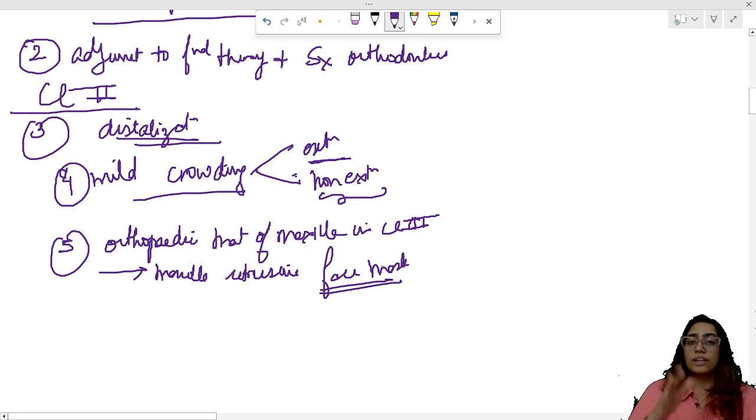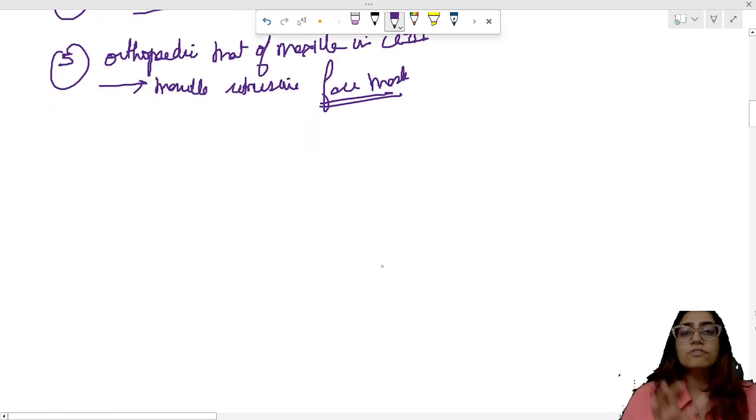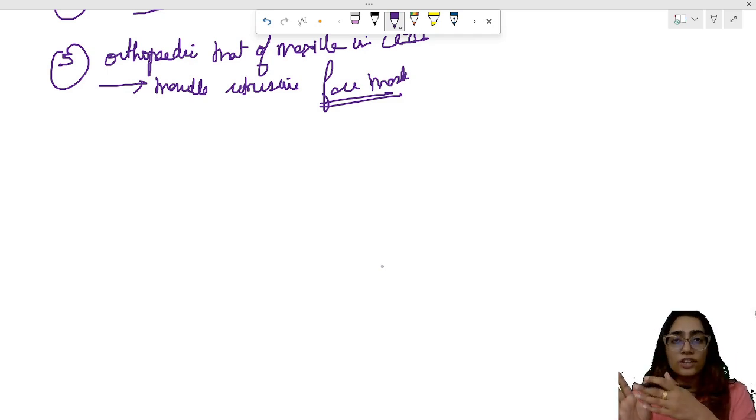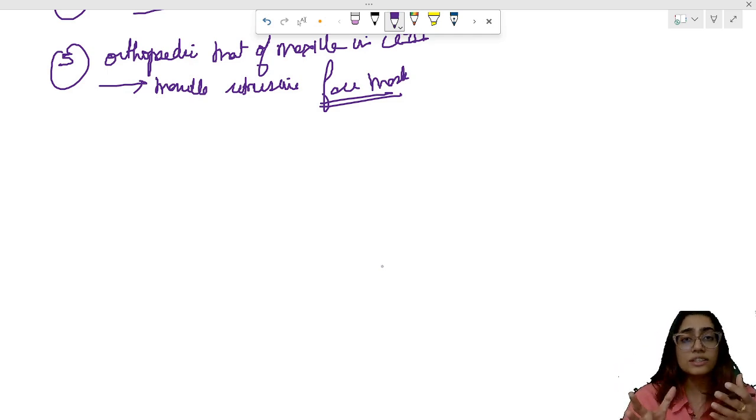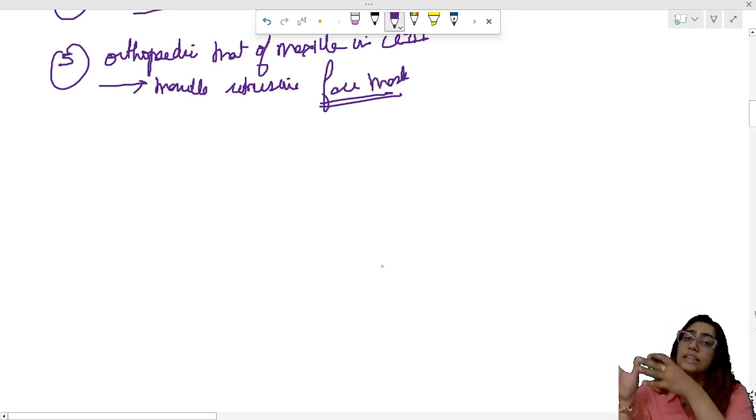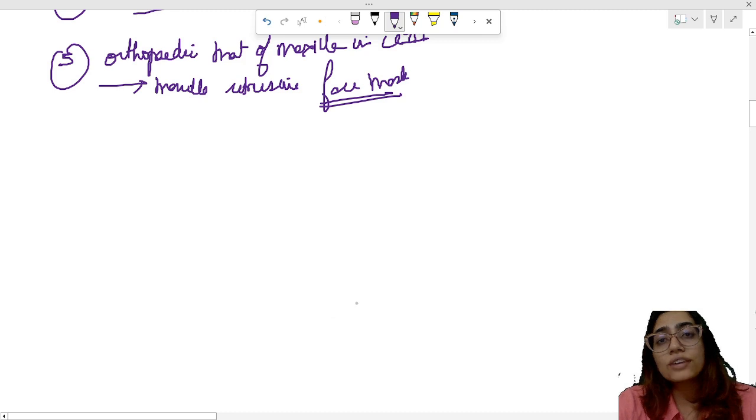Now this becomes a very important indication because it has been found that when a protocol of expansion is done prior to the traction of the maxilla, the circummaxillary sutures become loose. So they help us in easy traction of the maxilla as compared to traction with face mask alone. So this is an important point.